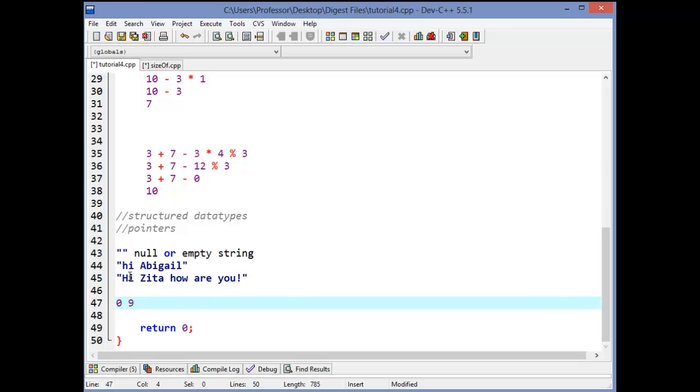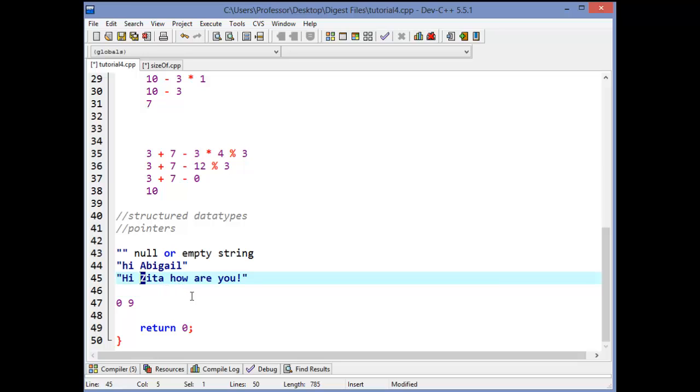Always remember to refer to the first character at position what? 0, not position 1. So for example, in hi Zeta, how are you, we have the letter Z at position 0, 1, 2, 3. Is that okay? It is at position 3, and that makes it the fourth what?